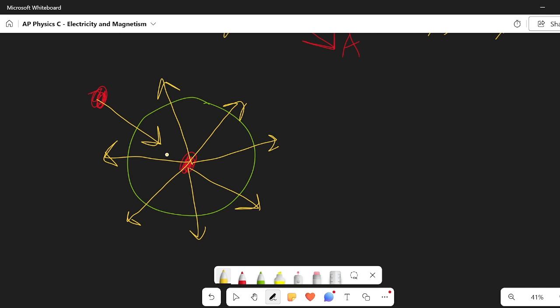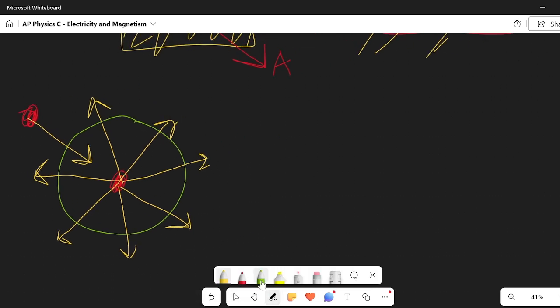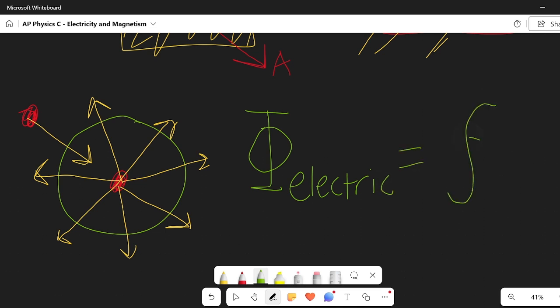So in this case, to represent electric flux, once again we'll use our flux variable. The electric flux, which we denote like so, flux electric, is equal to the closed loop integral of the electric field, multiplied by dA, or essentially the dot product with dA.